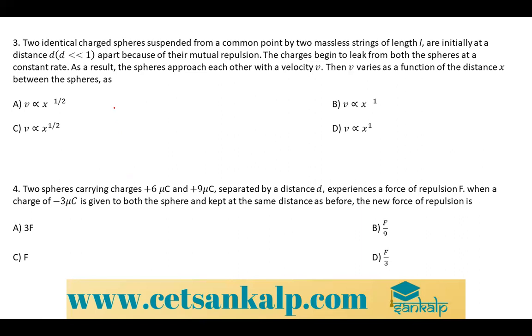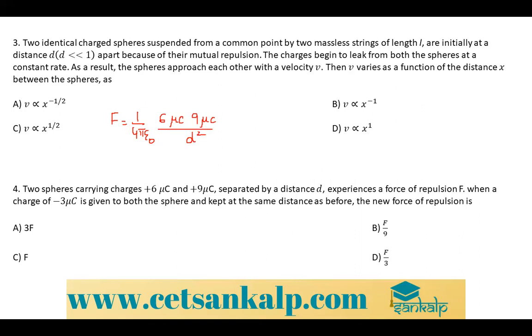So the first-time force: F is equal to 1 by 4 pi epsilon naught, Q1 is 6 microcoulomb, times 9 microcoulomb, whole divided by d square.